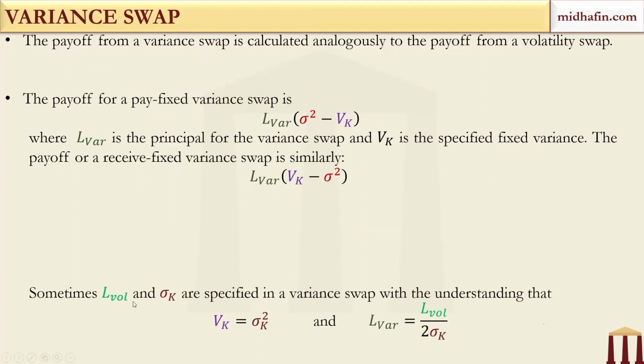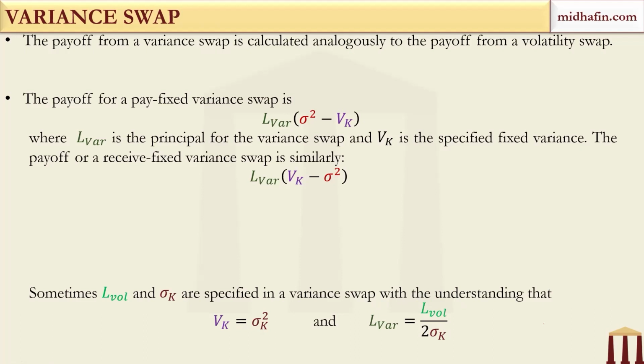However, there is a relationship between the notional of the volatility and the variance principal, and these are the relationships. Just keep this formula in your mind. Sometimes in the question, the variance notional is given and they ask you to find the volatility notional.